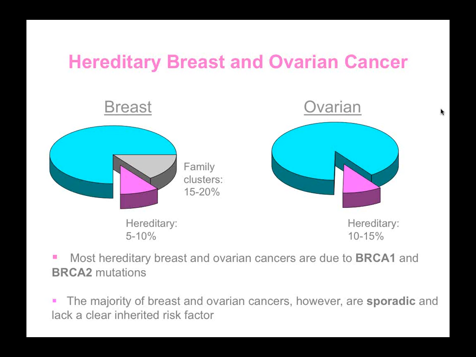So the woman wasn't born with a predisposition, but over her lifetime, she had changes in the tissue of her breast or her ovaries from a variety of reasons that led to accumulation of genetic mutation and ultimately cancer. And so we describe that as sporadic cancer, and that's the overwhelming majority of cancers of the breast and ovary.